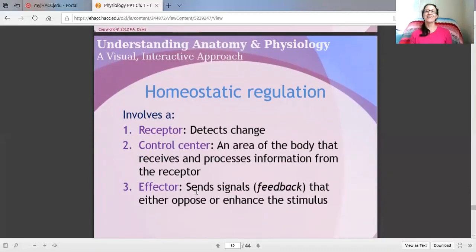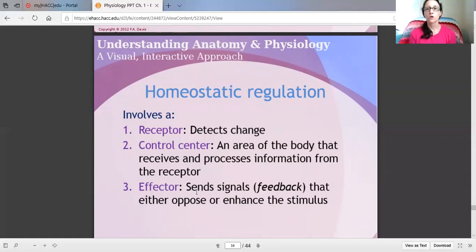Now, the key here is really how our body does this. Mostly, it's a negative feedback system, and this is on page 13 in your book. So really what happens is some kind of receptor on a cell detects a change. Let's say it's body temperature.